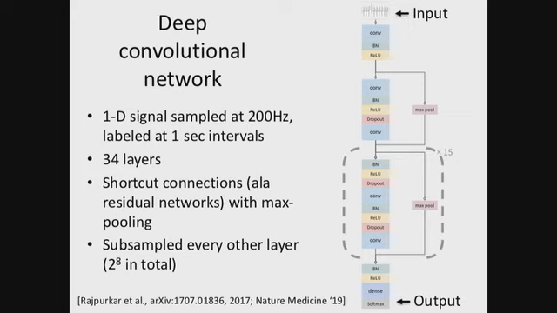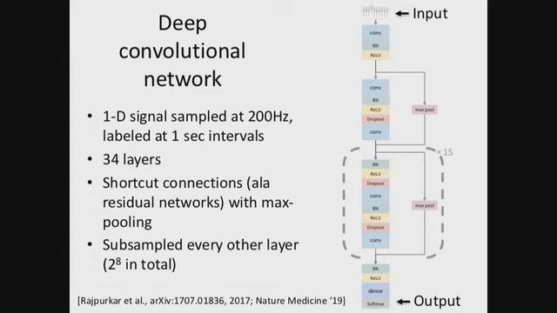Each layer consists of convolution, followed by rectified linear units, and there is subsampling at every other layer, so that you go from a very wide signal, a very long, I can't remember how long, 1 second long signal, summarized down into a much smaller number of dimensions, which you then have a fully connected layer at the bottom to do your predictions.